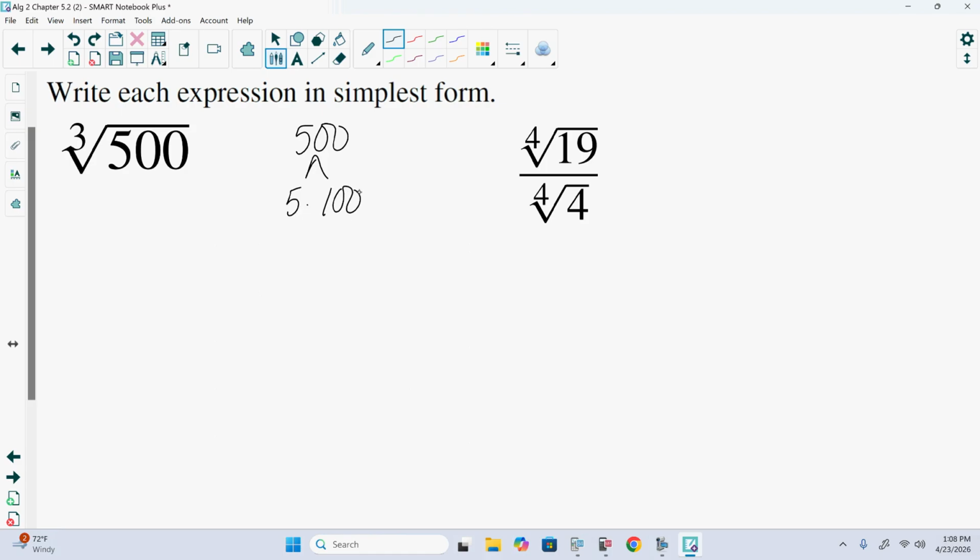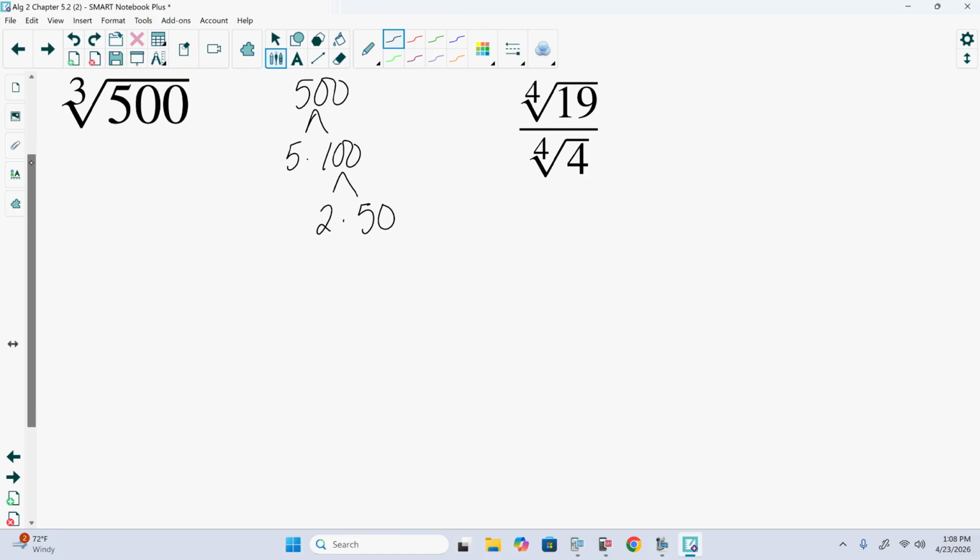I look at prime factors first to try, because 5 times 100 would get us there, yes? 100 is 2 times 50. 50 is 2 times 25. 25 is 5 and 5. So the prime factorization of this here is 2 squared times 5 cubed.